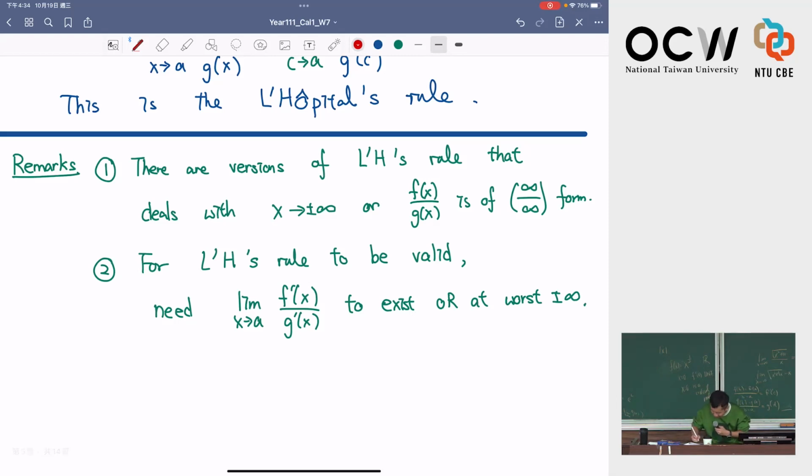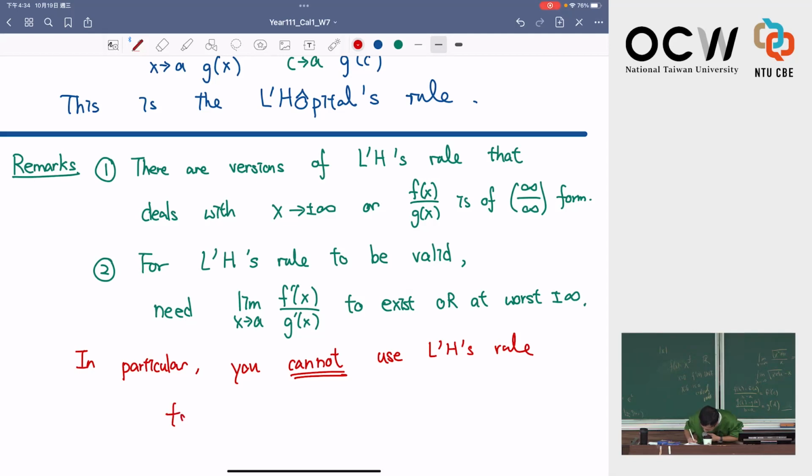So in particular, what does that mean? That means you cannot use the L'Hopital rule to show a limit does not exist, or to be more precise, that a limit is oscillating.